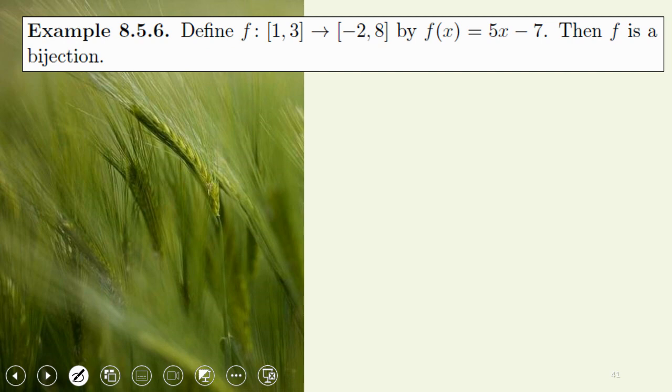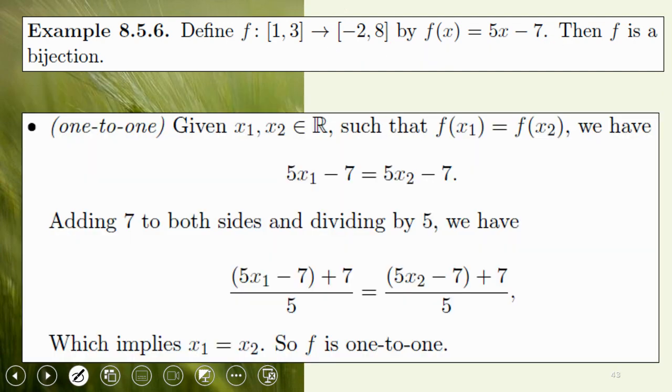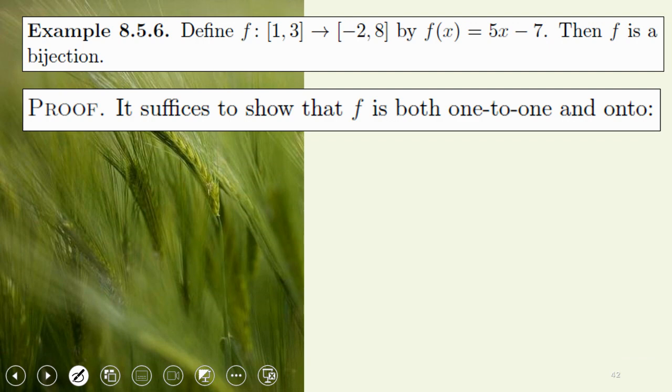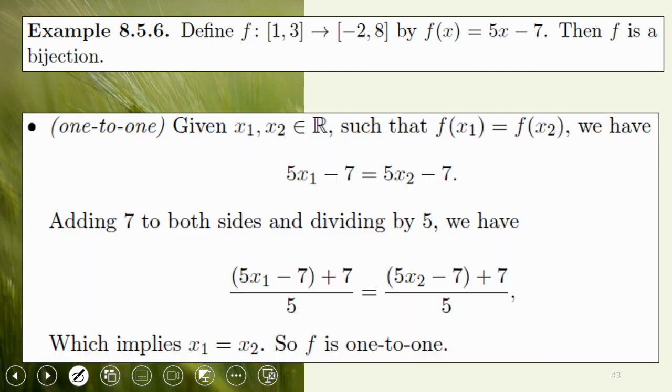Let's take a look at this example of function f. We have the closed interval from 1 to 3 as our domain, and it maps to the closed interval from -2 to 8 by this rule. And so we want to show that f is a bijection. It suffices to show that f is both one-to-one and onto.